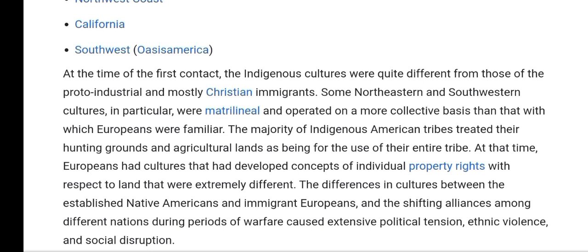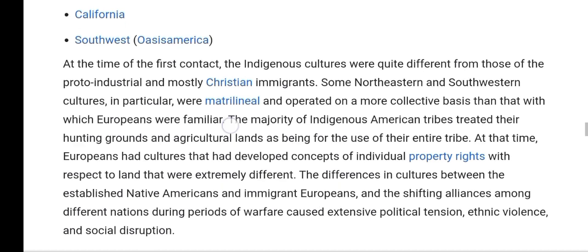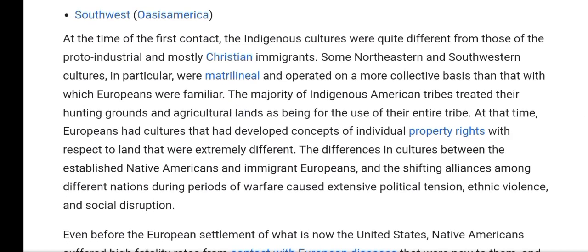The majority of indigenous American tribes treated their hunting grounds and agricultural land as being for the use of their entire tribe.